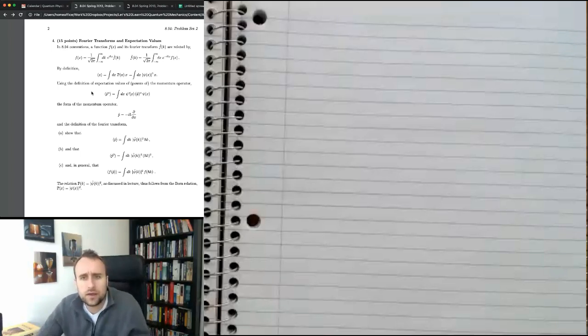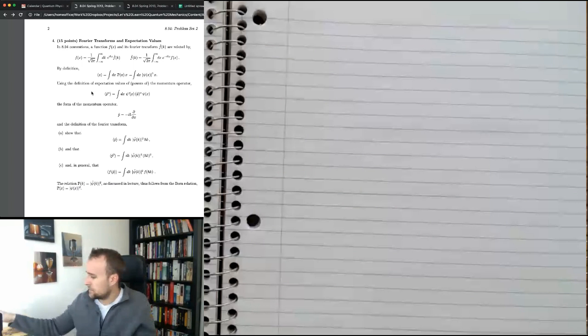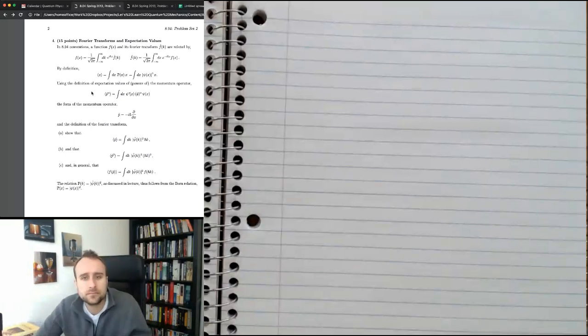So what do we have here? So I don't feel like that was the right way of doing this problem. So what's a better way of doing this problem? Momentum operator, form the momentum operator, definition of Fourier transform.